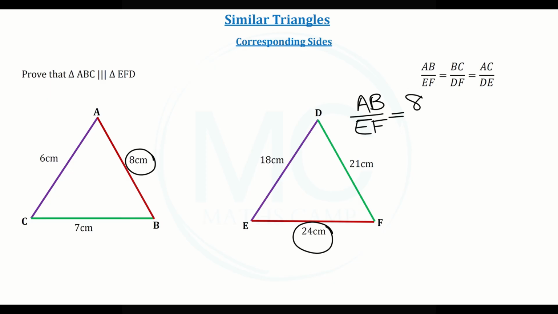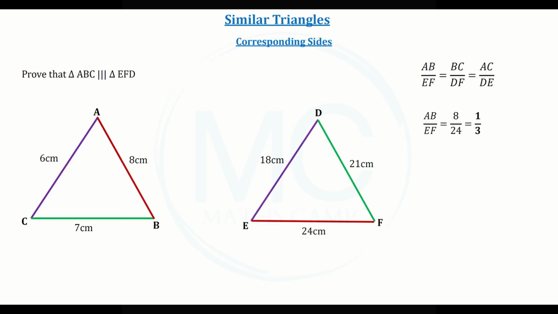So we get a fraction of 8 over 24. 8 and 24 are both divisible by 8. 8 divided by 8 gives us 1 over 24 divided by 8, which is 3. AB over EF gives us the fraction of 1 over 3.